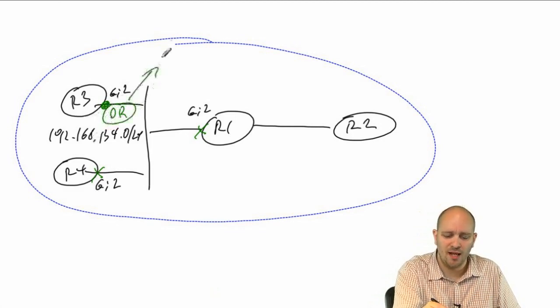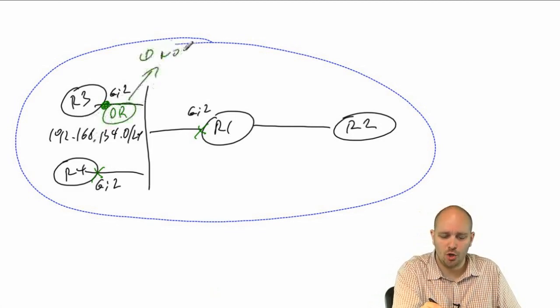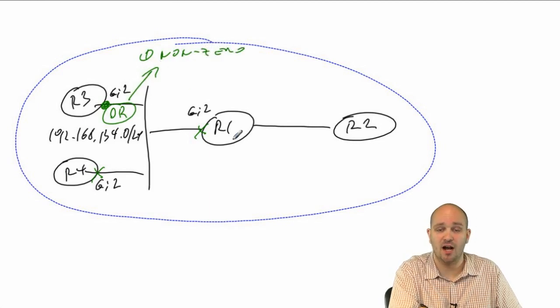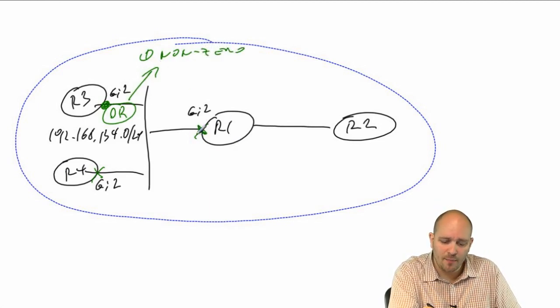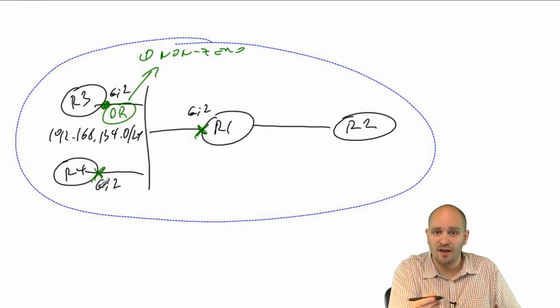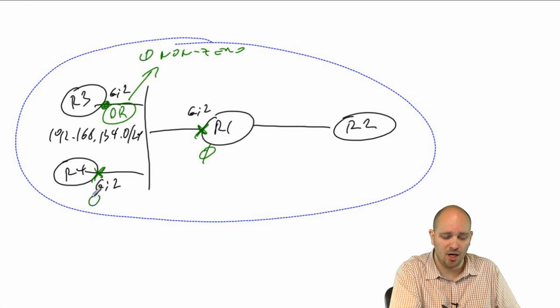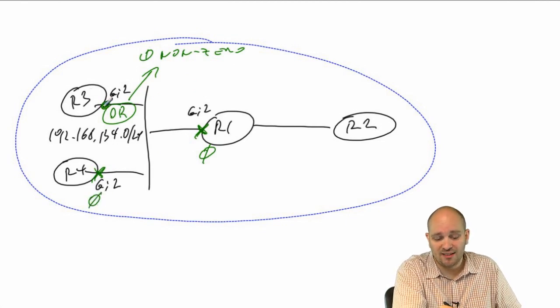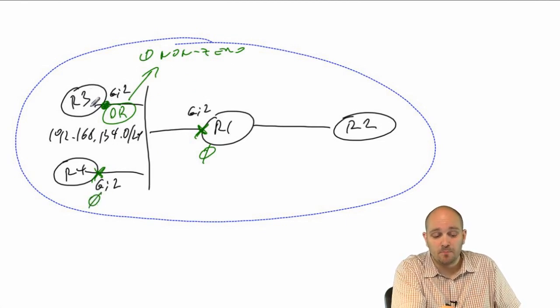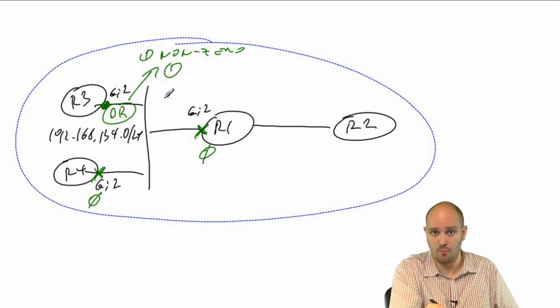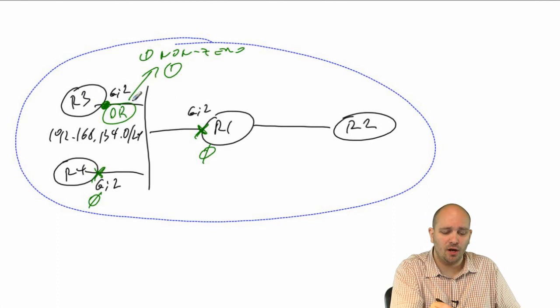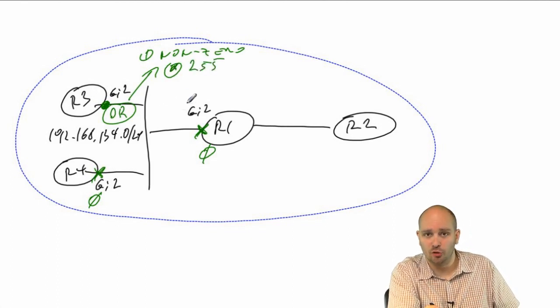I'm going to make sure that it has, first of all, non-zero priority, and that it has priority higher than R1 and R4. But how can I make sure that R1 and R4 are never going to become the DR and BDR? So I'm going to set their priority to 0, which then doesn't matter which priority I use on R3, because even the default priority of 1 will be more than enough. But just for fun, I'm going to set the priority here to be the maximum value, 255.